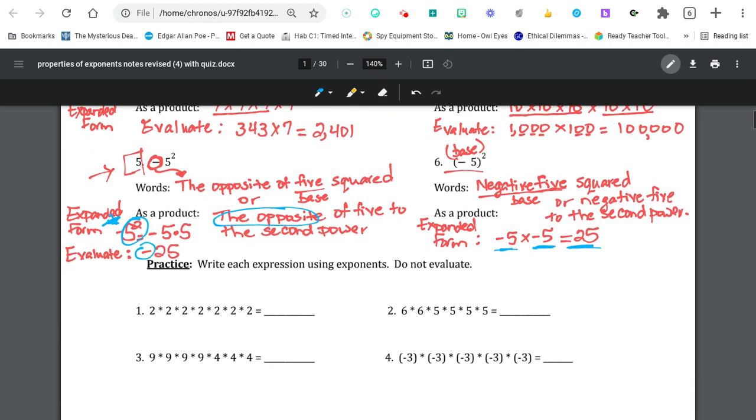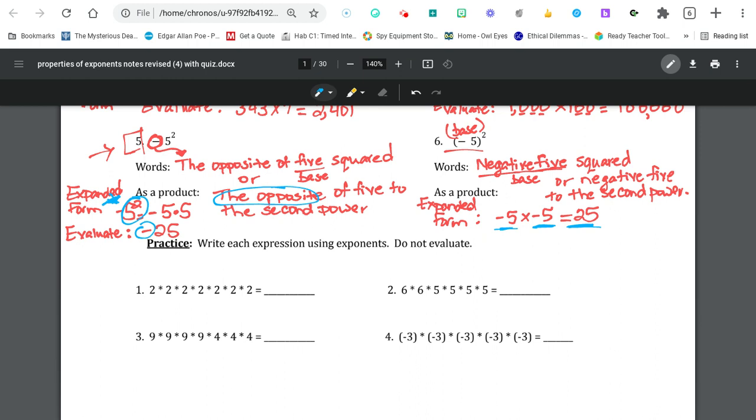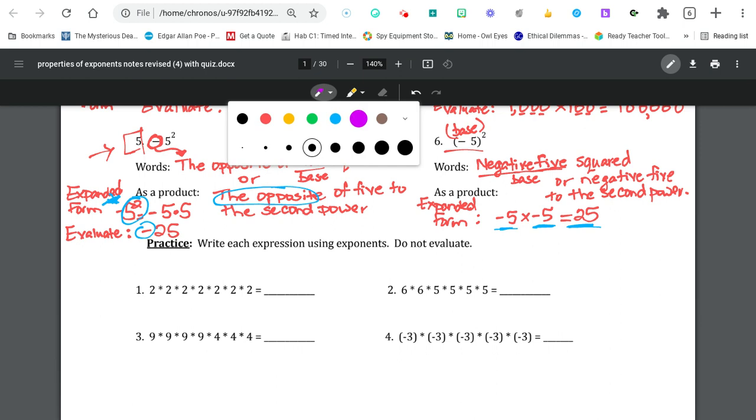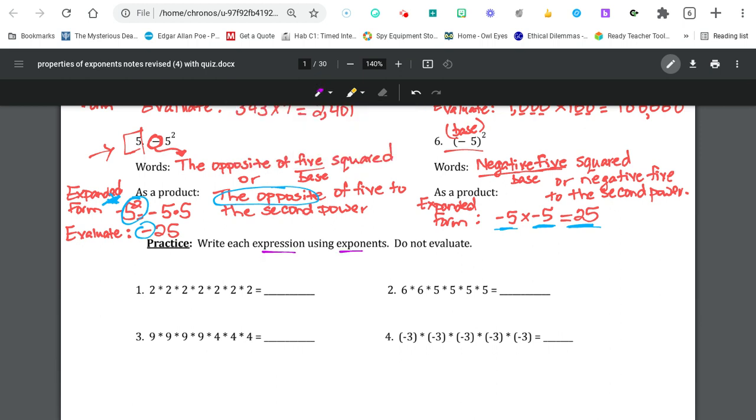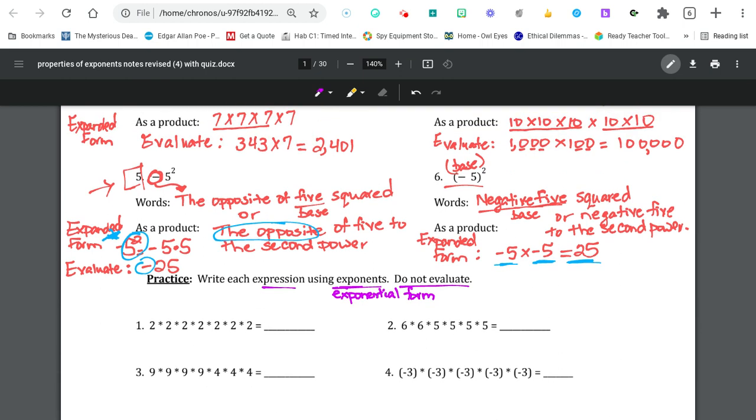All right, let's take a look at the bottom where it has practice. So it says, write each expression using exponents, but we will not evaluate in this particular case. We just want to write it using exponents. In other words, we want to put it in exponential form. So kind of the opposite of what we just got finished doing on 1 through 6.